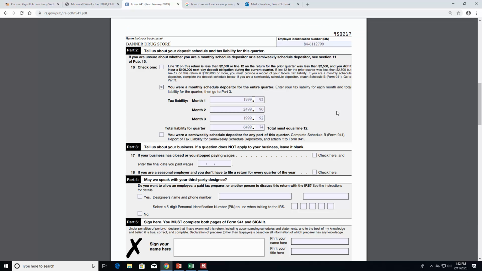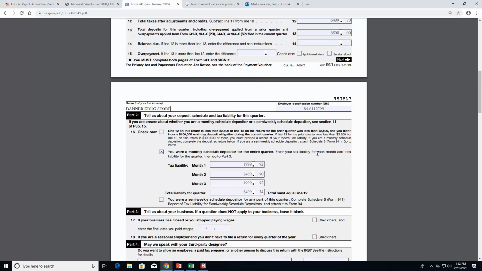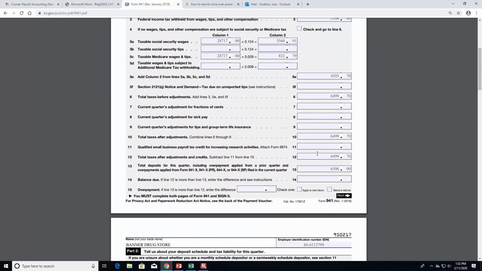If you go back to the first page, what line would indicate a place I could adjust that 4 cents? Line 7, fractions of cents.